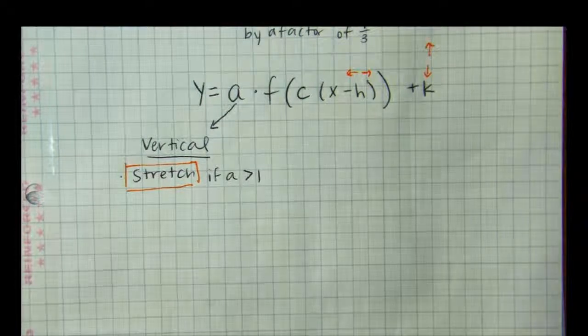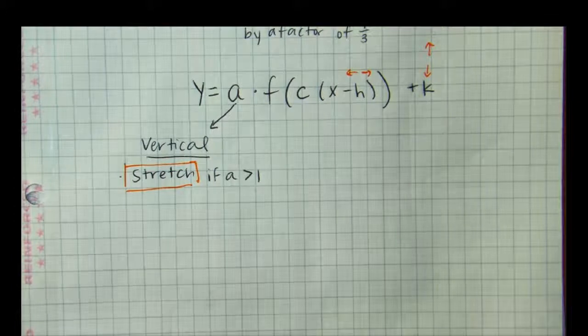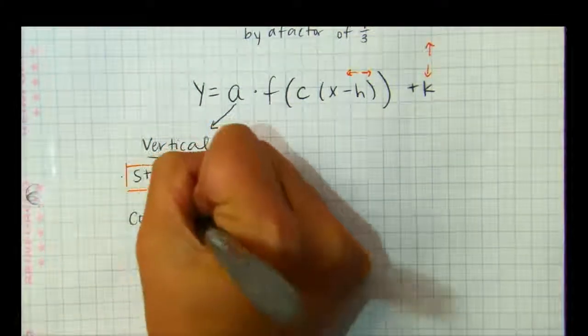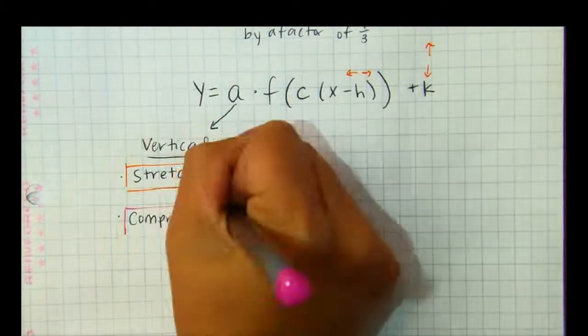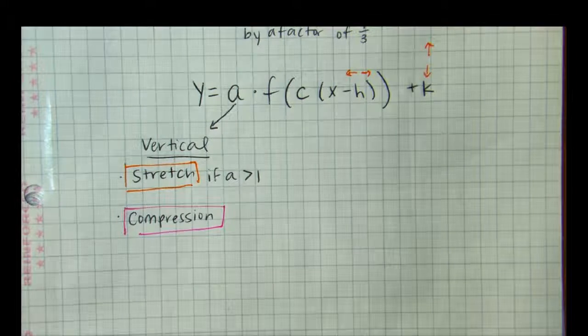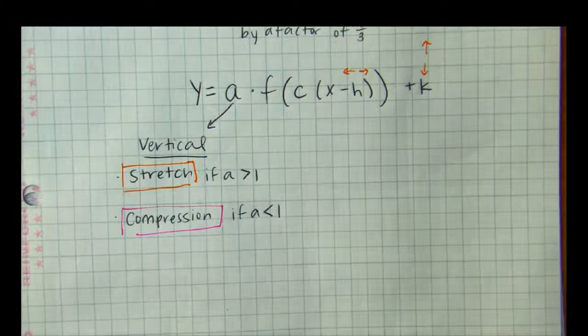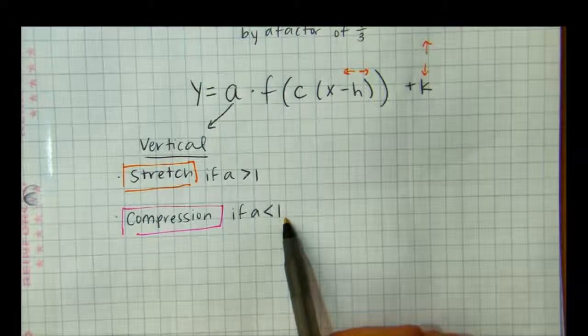You'll have a vertical compression if your a value is less than 1. So one option is stretch, the other option is compression. Vertical stretch if a is greater than 1, vertical compression if a is less than 1.